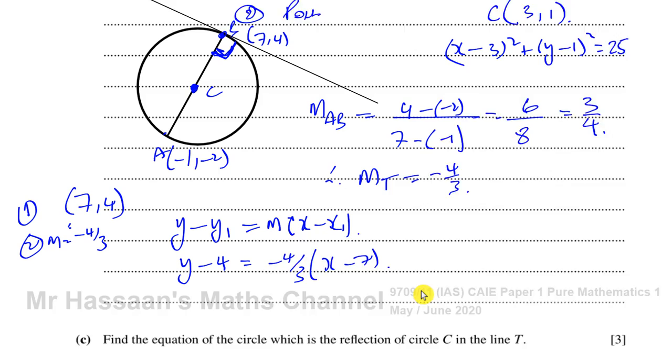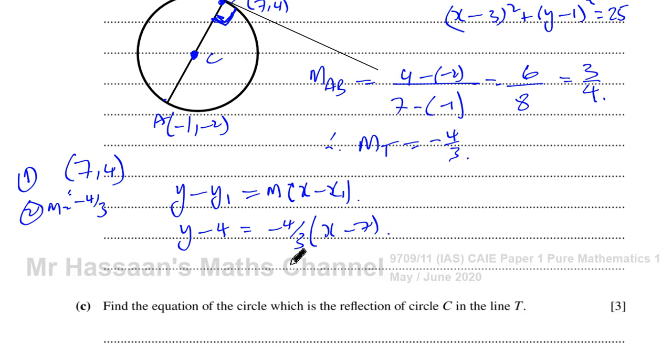Here we can rewrite this in two forms. We can write it in the form y equals mx plus c, or in the form ax plus by plus c equals 0. Both of those are fine. I'm going to multiply both sides by 3 to get rid of the fraction: 3y minus 12 is equal to negative 4x plus 28.